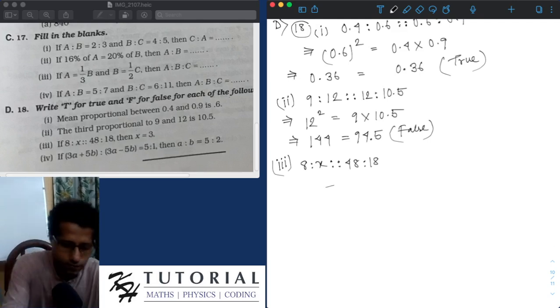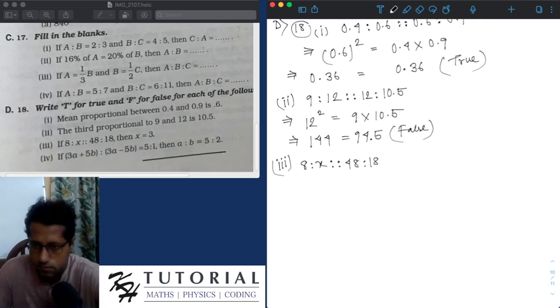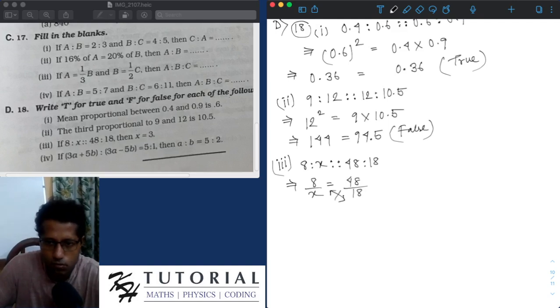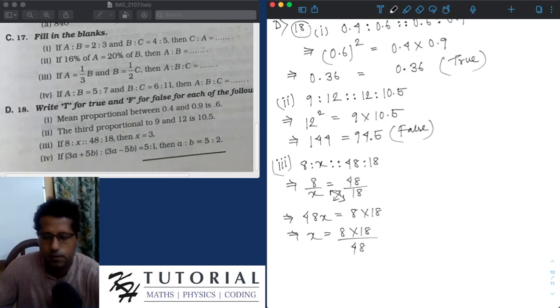Now from this fact that 8 is to x equals 48 is to 18, this implies that 8 by x equals 48 by 18, and if we do cross product we get 48x equals 8 into 18. This implies x equals 8 into 18 divided by 48.